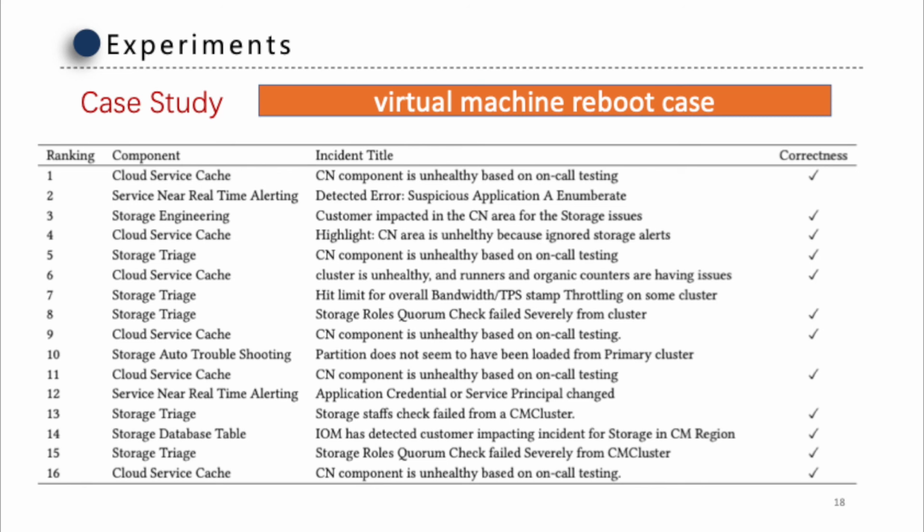For example, the cloud service cache depends heavily on the network, while the performance of storage is largely influenced by the network as well. As previously shown, the root cause of the investigated incident is a network failure. Thus, it is quite reasonable to find that the incidents from the cloud service cache component and the storage components are likely to be linked with the investigated incident.